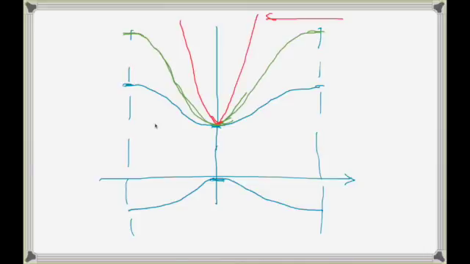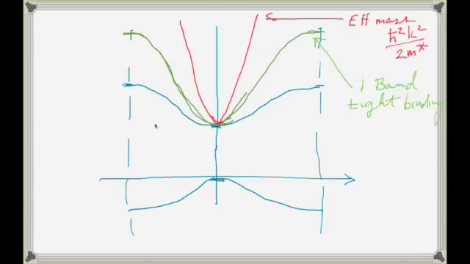Your effective mass model just goes as h bar squared k squared over 2m star. And then this is our single band tight binding model, and that just goes as h bar squared over m star a squared times 1 minus cosine ka.